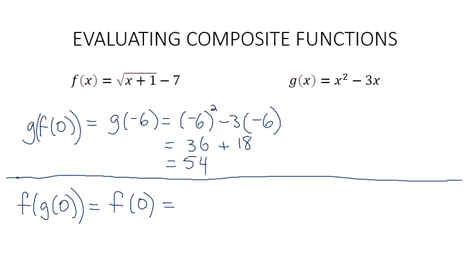We've already done that. It is the square root of 0 plus 1, all minus 7, which is equal to negative 6. So again, we have two different answers when we reverse the inside and outside functions.